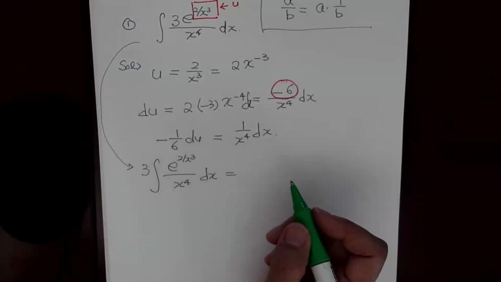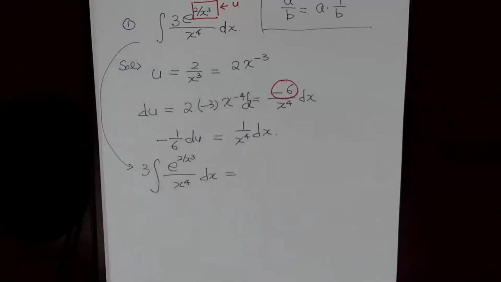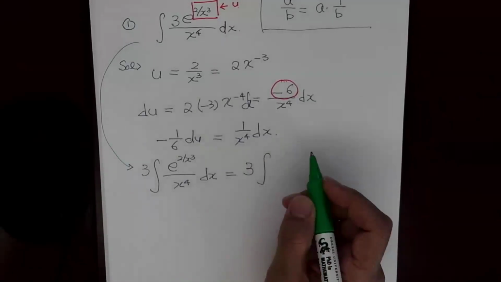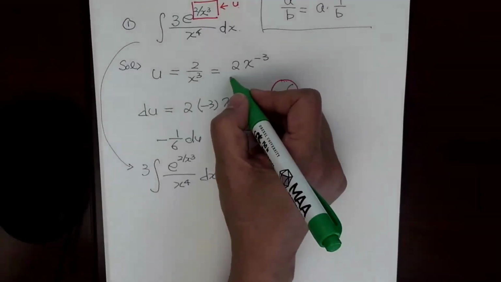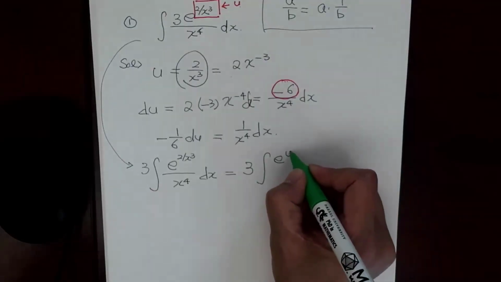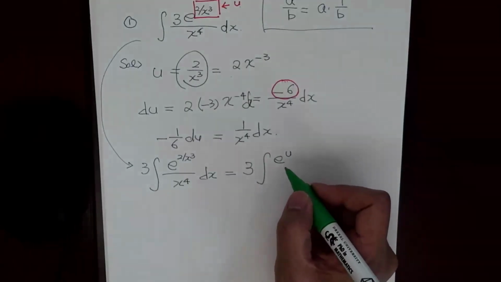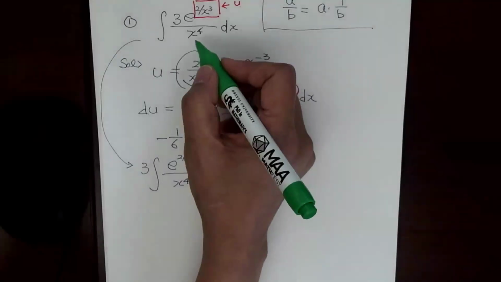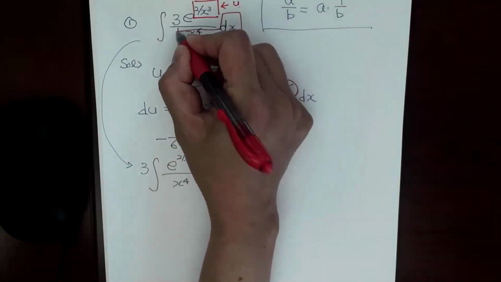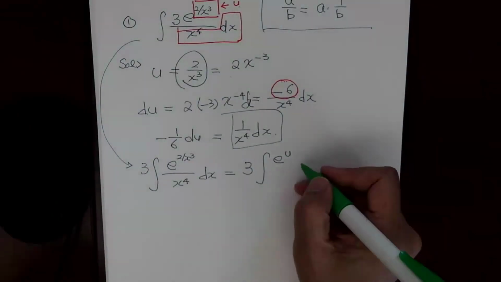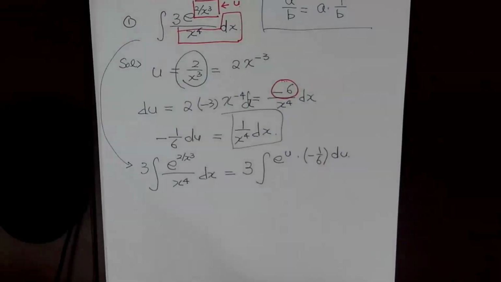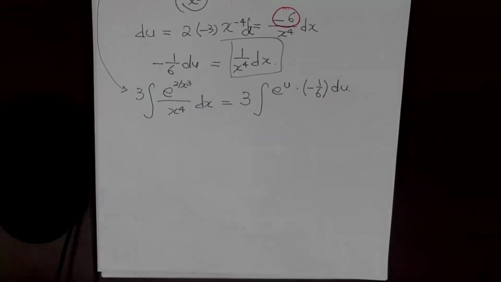And then this one will be 3 times integration e to the u, where this power is u, and the remaining part was 1 over x to the 4th power dx like this. And so I would write minus 1 over 6 du. Any question?